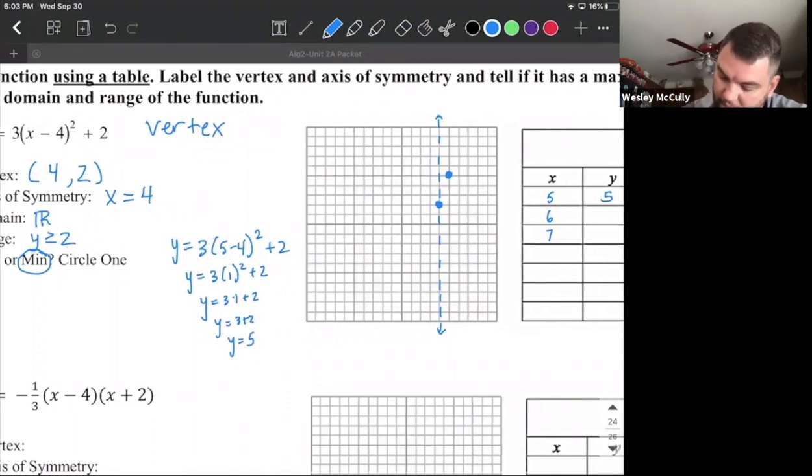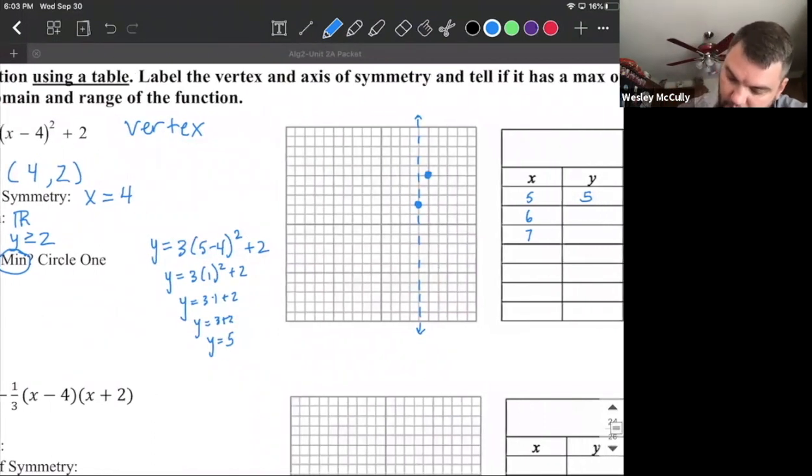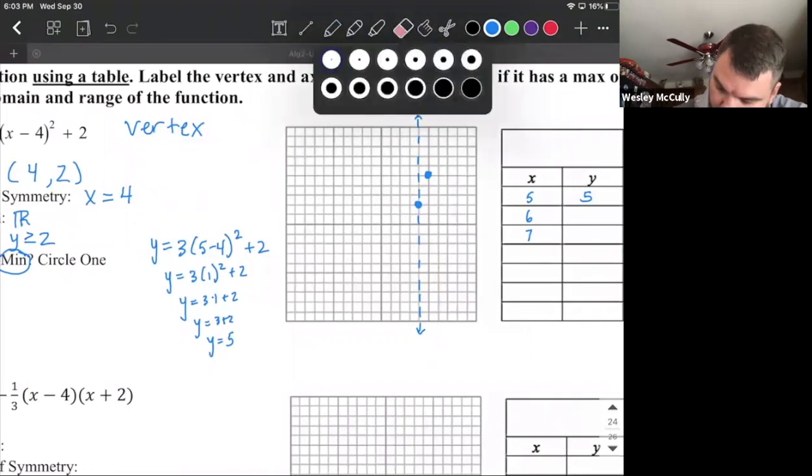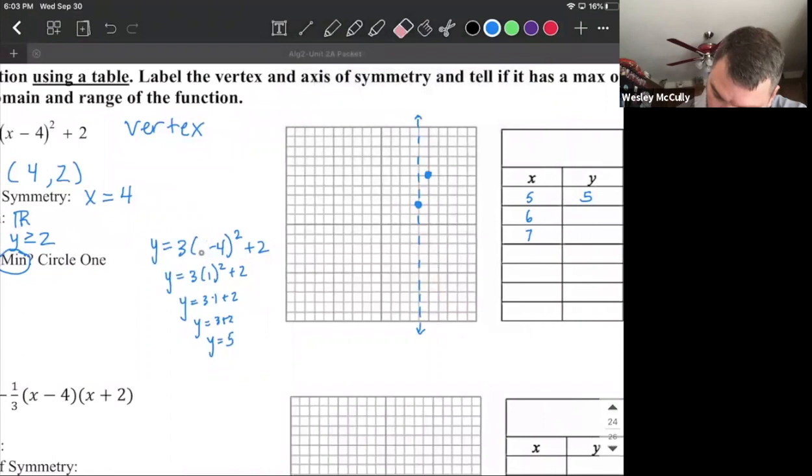Now I plug in 6, which I can do by erasing the 5. And that will make things streamline a little bit easier. Okay, so I have 6, y equals 3 times 6 minus 4 squared plus 2. 6 minus 4, that's 2.